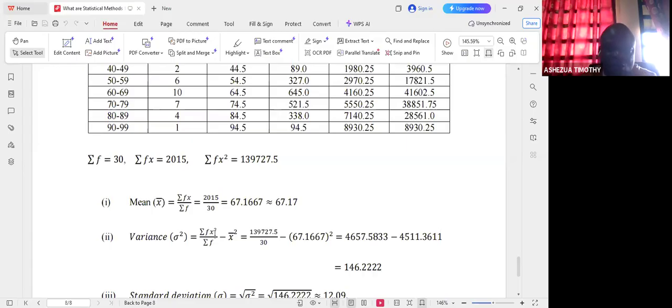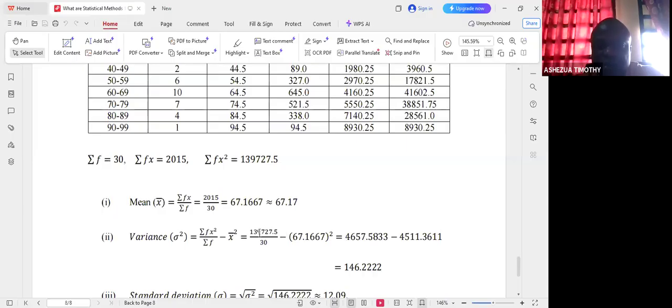Now variance. Sum fx squared all over sum f minus x bar squared. You take this value here, and you put there the value for sum f, which is 30. The value for x bar, which is 67.1667, is squared.